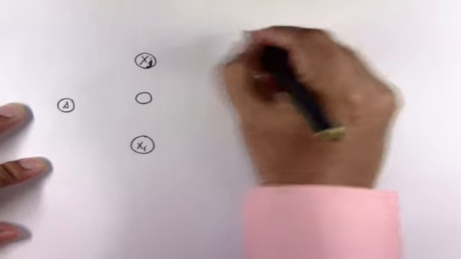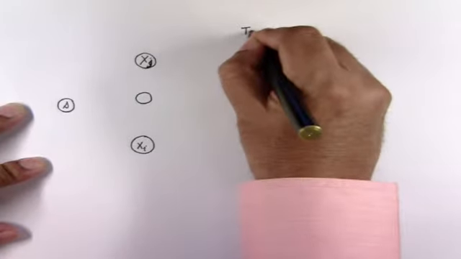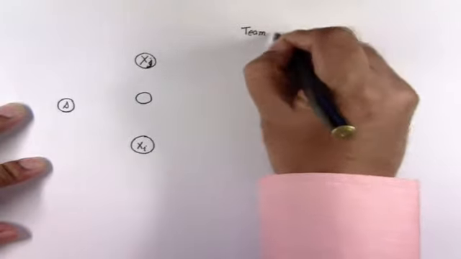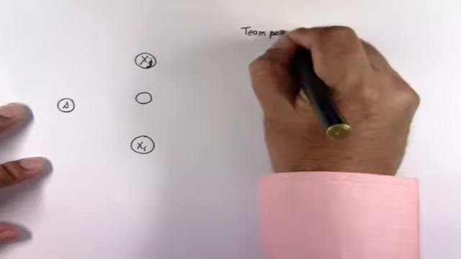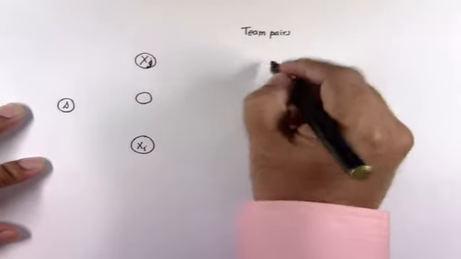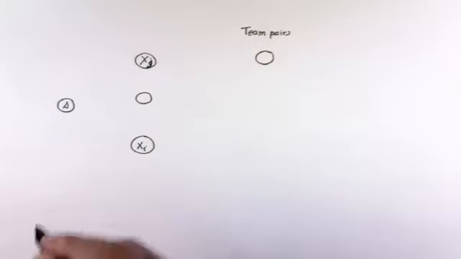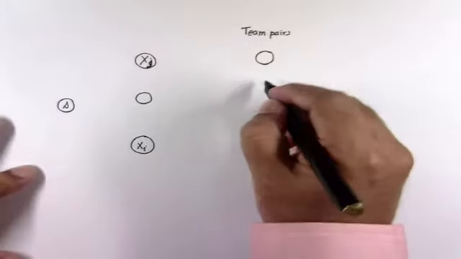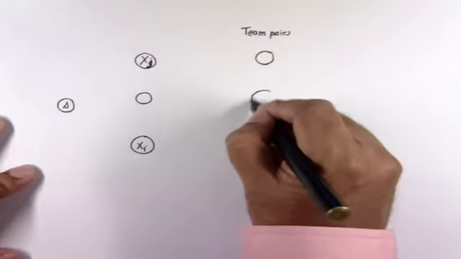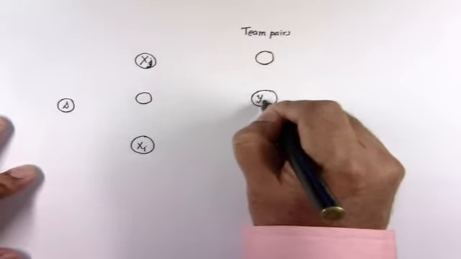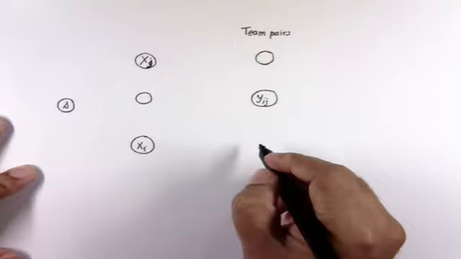Now, the second set of vertices are the team pairs, that is, which pairs are still to play. They have some remaining games. So, let us say that I have yij, and so on.